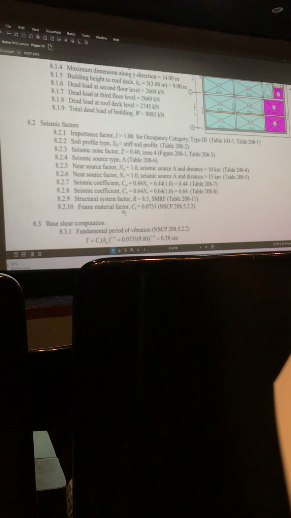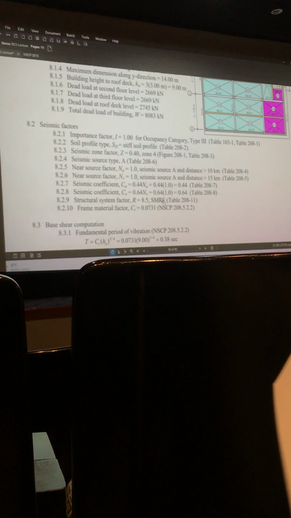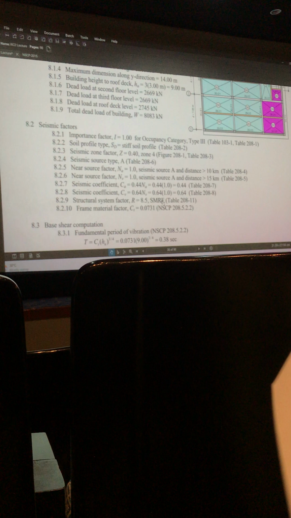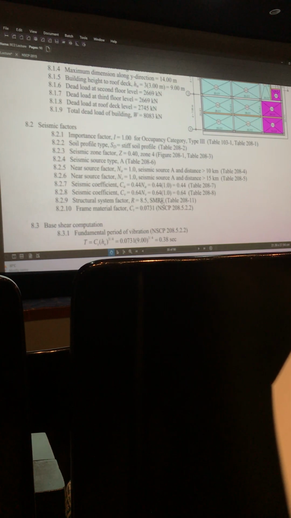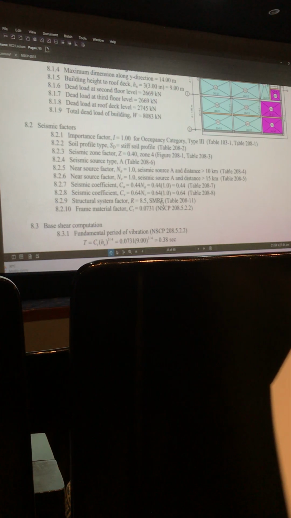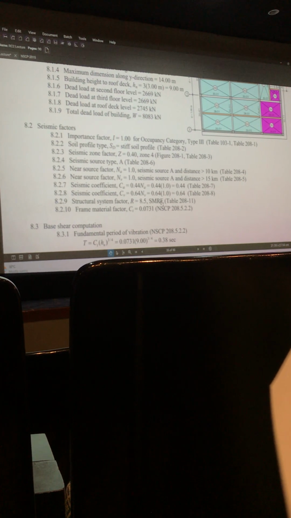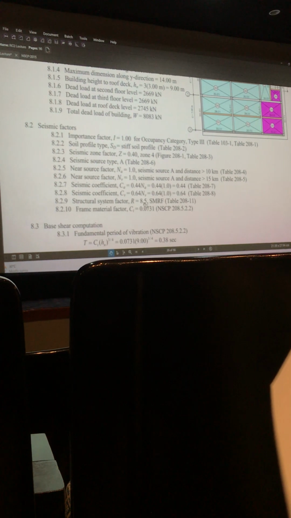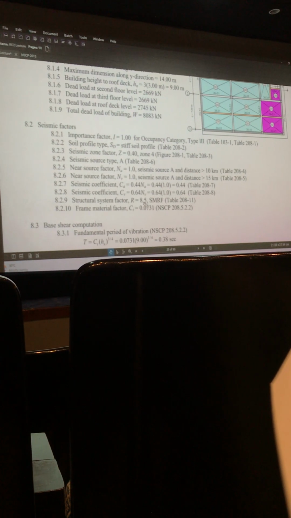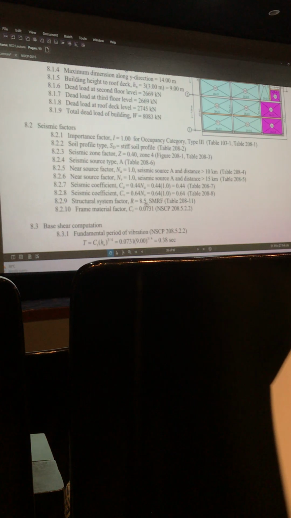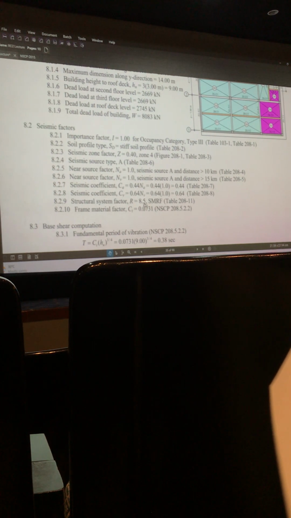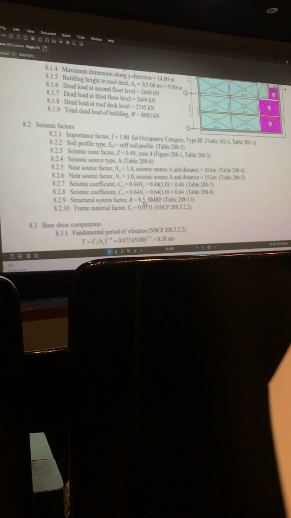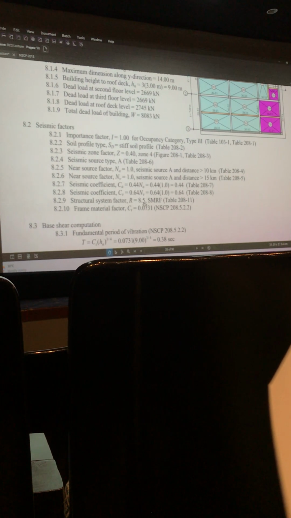Then for the structural system factor, so this tends to weigh in the capability of the framing system to dissipate the seismic forces, no? So the more ductile a structure, the higher the value for R. If it is very stiff or very rigid, then R will have a lower value, no? So mo nang sa building dili sa maayo nga stiff kay mong building kay mo absorb na siya dako nga seismic force, no?